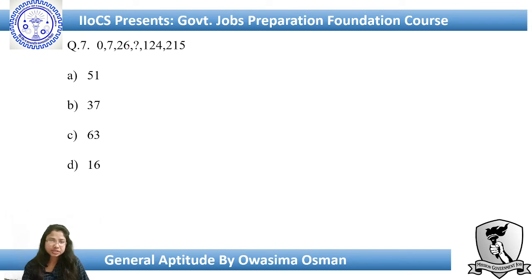Our next question is 0, 7, 26, and you have to find out the missing number, 124, 215. So how will we get the missing number?